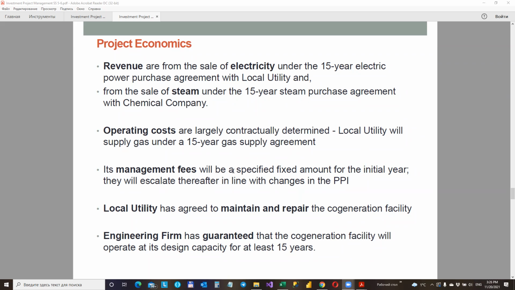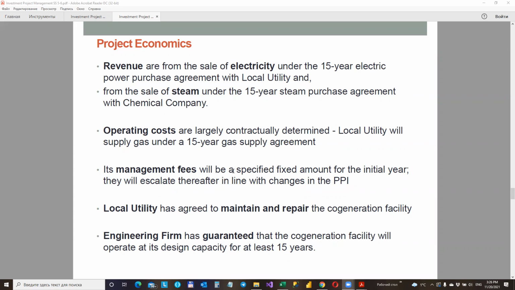Electricity revenues can be predicted with a high degree of certainty because the electric power purchase agreement defines contractually the price for each megawatt hour of electricity delivered to the local utility each year for 15 years. And secondly, the capacity of the cogeneration facility to generate electricity is known, and the operating reliability of similar plants has been well documented.